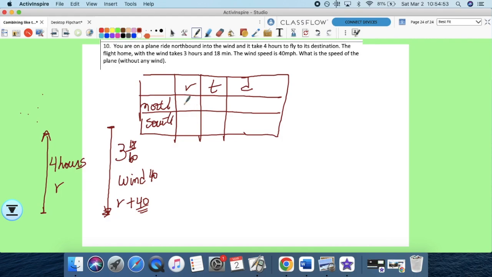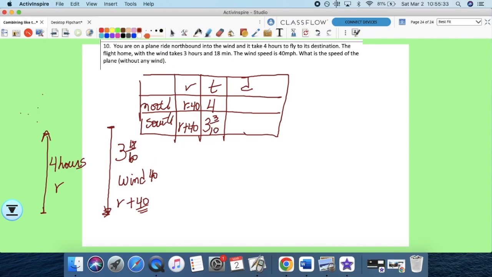Going north, I don't know what the speed of the airplane is, but I do know the time is 4 hours. Going south, the speed of the airplane is r plus 40. Sorry, going north is going to be r minus 40, because you're going against the wind. Time-wise, going back, I'll write it as 3 and 3/10, simplifying 18 over 60 by 6.